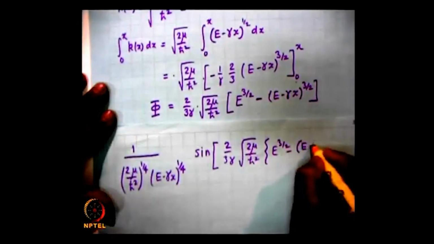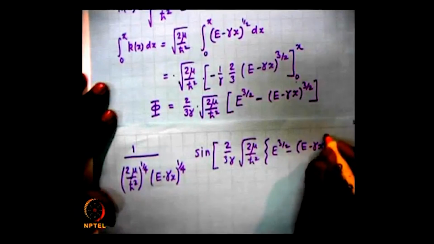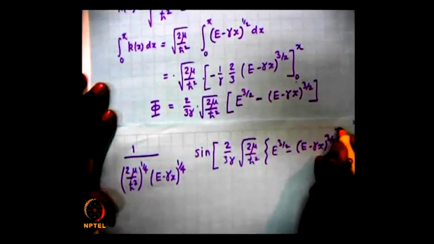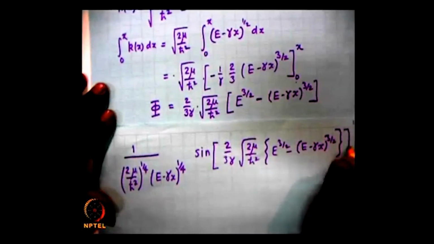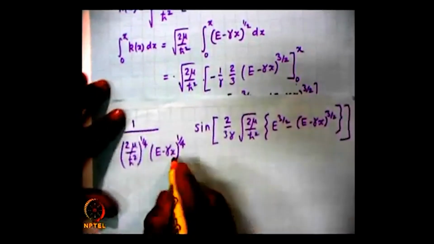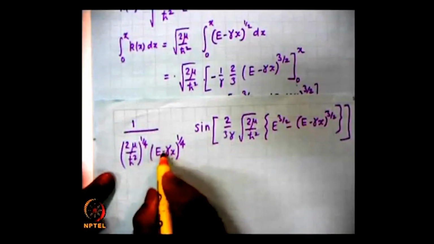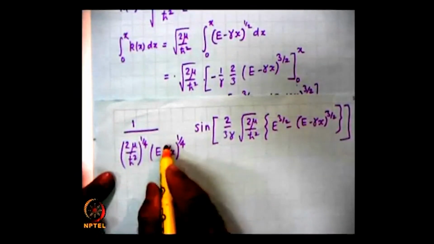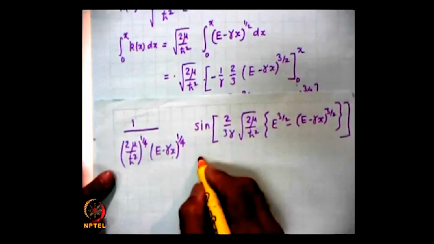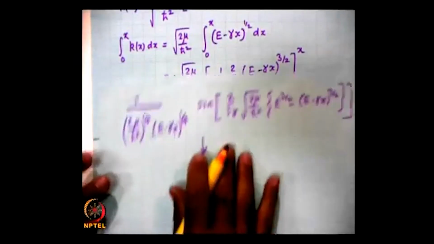You can use a small program to calculate this. But there is one point that I would like to mention, that at x is equal to E by gamma, the denominator becomes 0 and the function blows up. So similarly, I can now use the connection formulae.